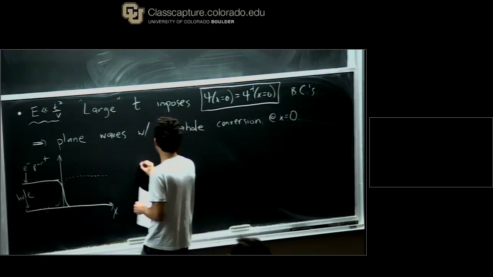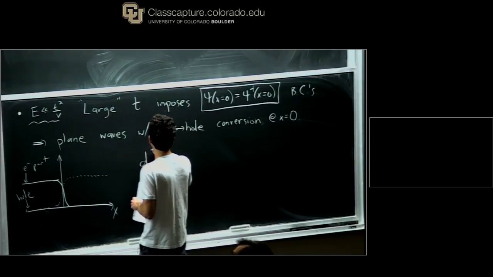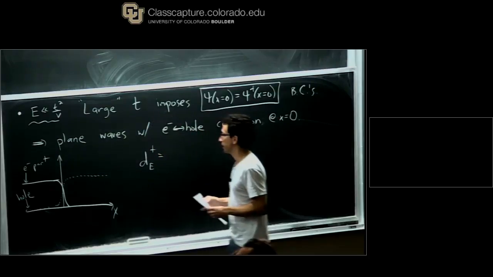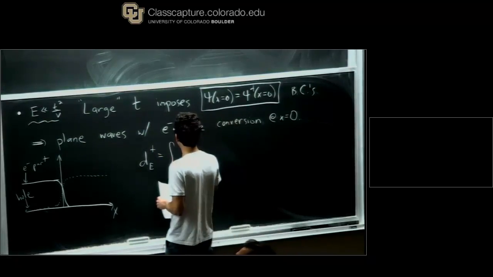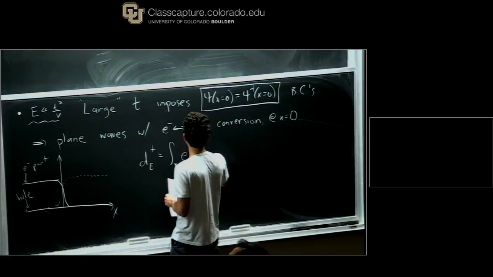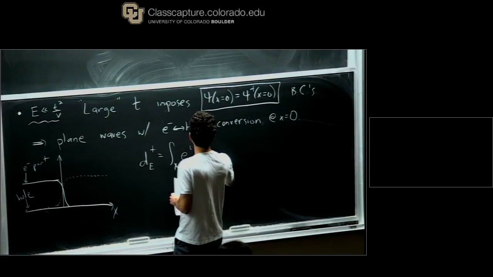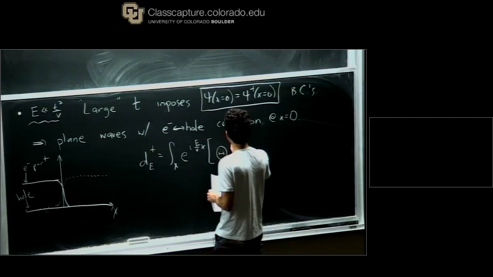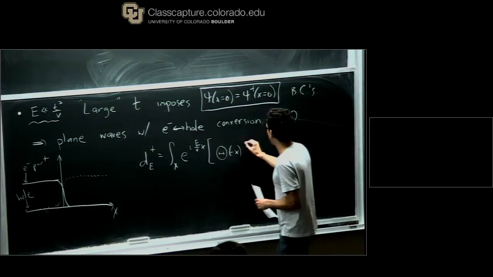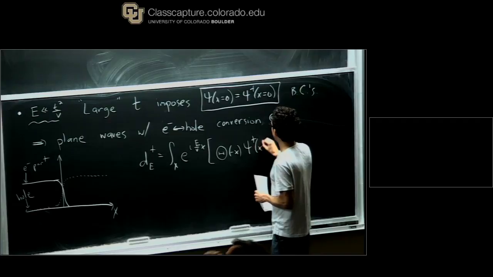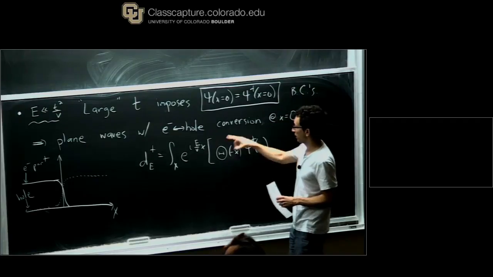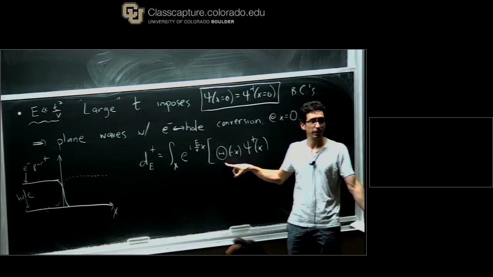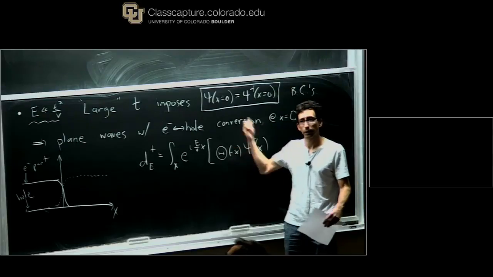So if I want to write down an explicit solution for an operator that creates such an eigenstate, I can write something like this: integral over x, usual plane wave part, but I'm going to put a Heaviside function theta of minus x. So this is 1 at x less than 0, and 0 for positive values of x.